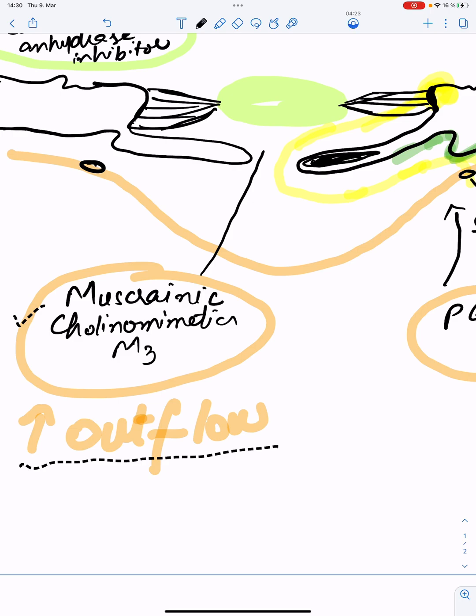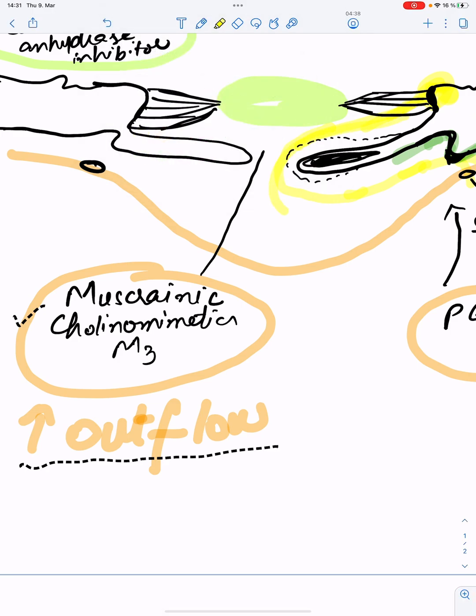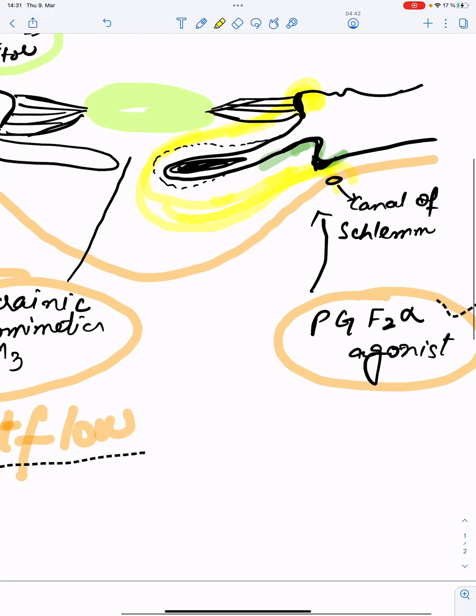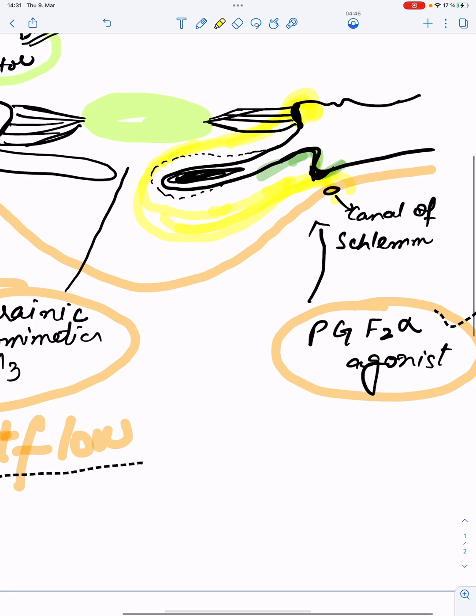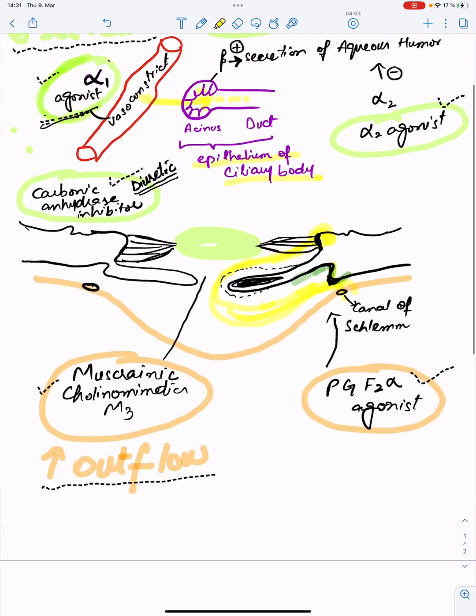So when there is constriction of this pupillae muscle, this muscle moves a bit here, and hence this angle will be a bit widened, and it will be easy for the aqueous humor to move into the canal of Schlemm. The next thing is that prostaglandin F2 agonists are also involved in increasing this angle, and hence increase the outflow of the aqueous humor.